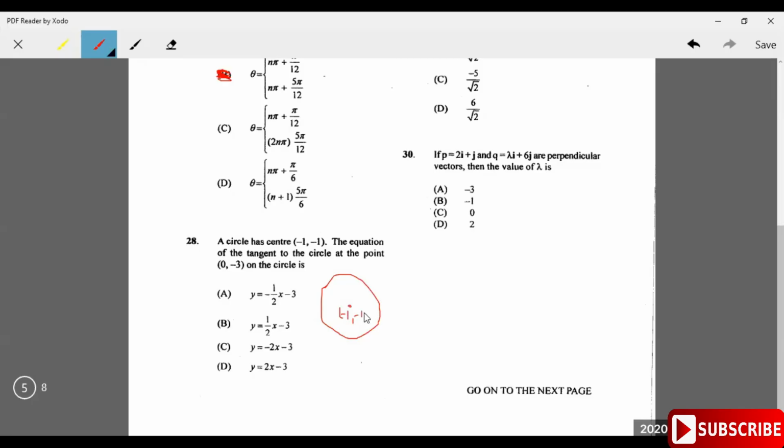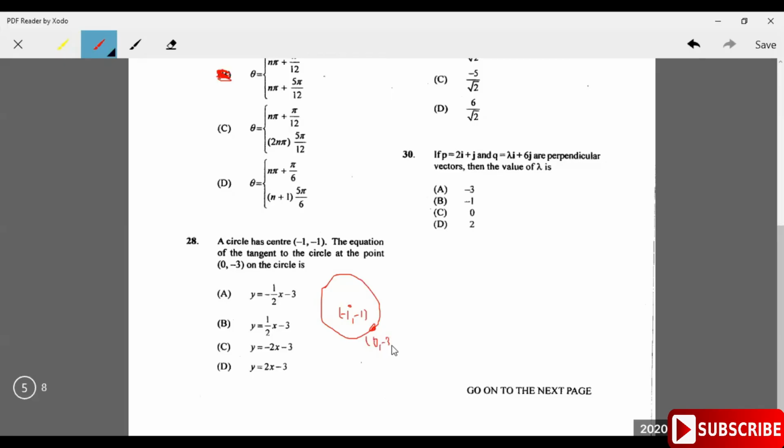That's the center of the circle. Another point on the circle is 0, -3. So we'll have some point right there that's 0, -3.